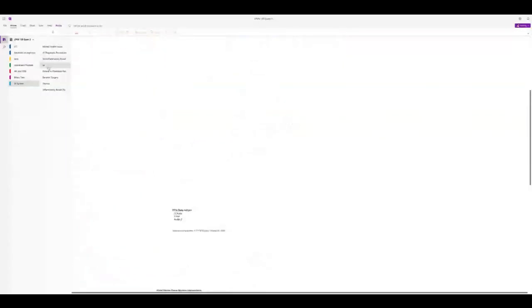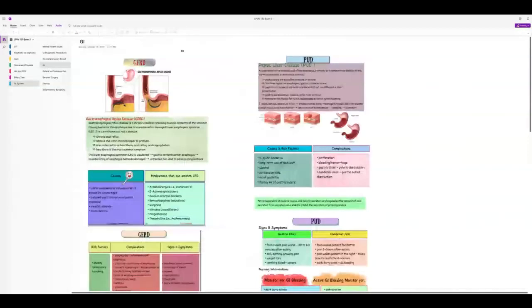All right, with GI, with the GERD. GERD is very similar to peptic ulcer disease and also gastritis, and they're caused by the same thing. GERD happens because the lower esophageal sphincter, which is right here, and this is a closed one, right? This one is relaxed, so it allows the gastric contents to come up into the esophagus, which doesn't feel good, okay?